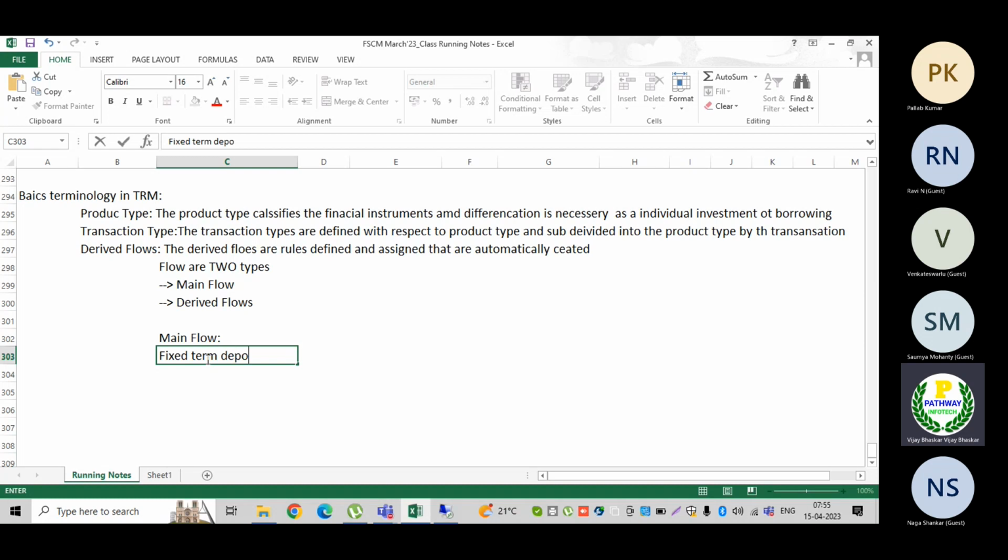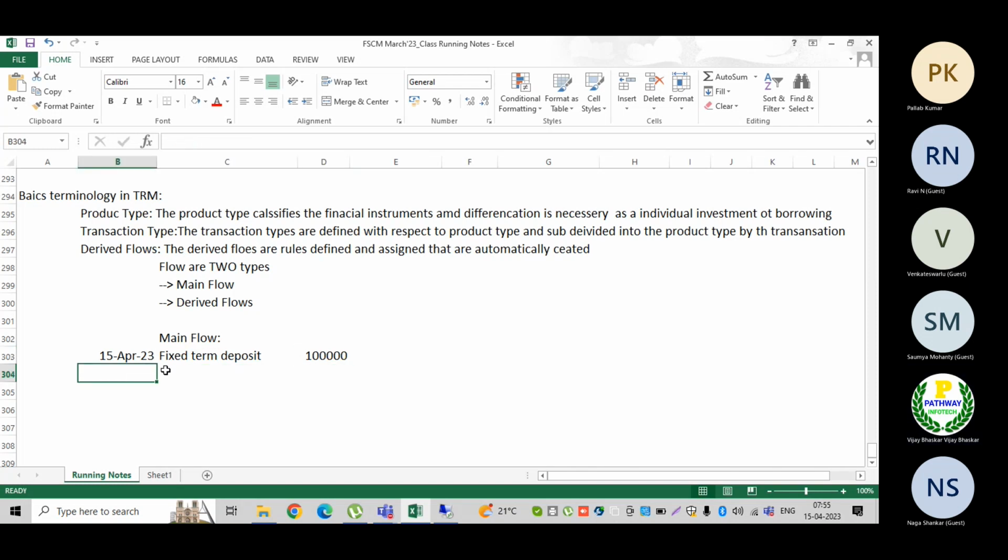Let us assume the investment is on the 15th of April, and the amount is 1 lakh rupees.